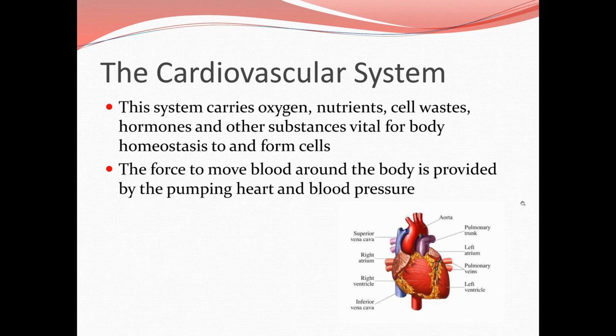The main thing we think about when we think about the heart is how oxygen is transported throughout the body, but obviously there is more than that: nutrients, cell waste, hormones, anything else that your body needs to maintain homeostasis, which, if you recall, is the balance your body's always trying to be in. The heart acts as a pump to move all this blood throughout your body.